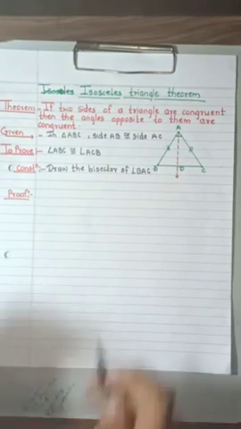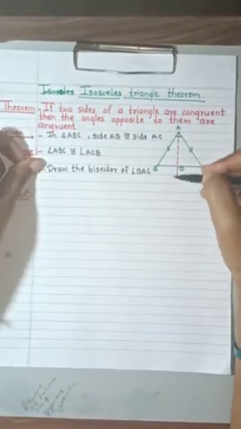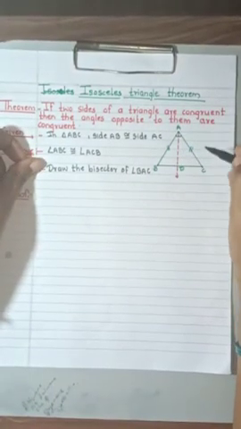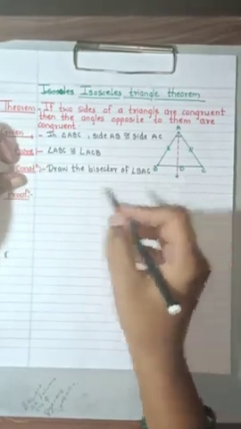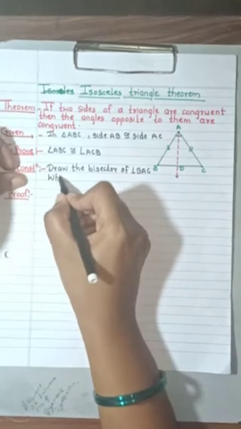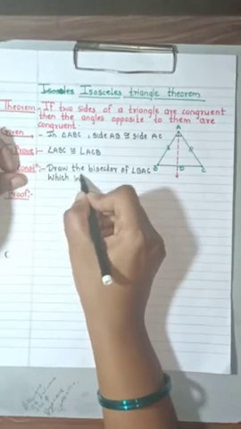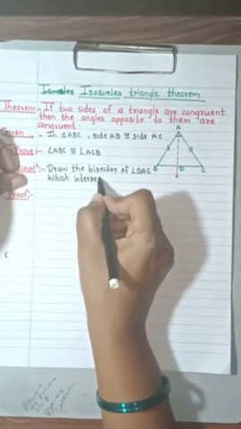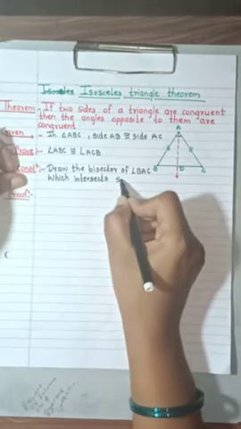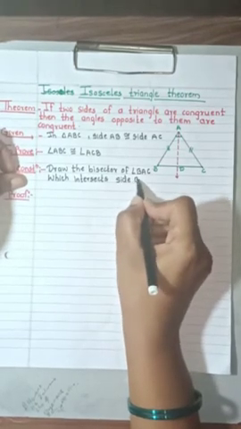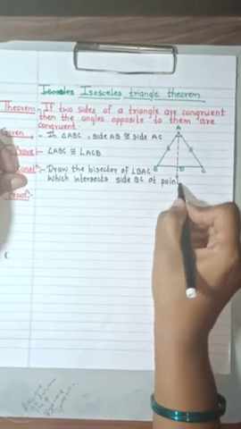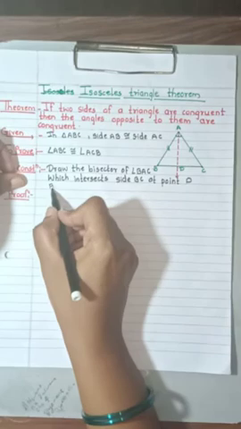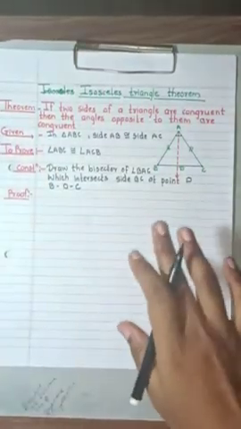We have drawn the angle bisector of angle BAC such that it intersects the segment BC at point D. I'll write down here, which intersects side BC at point D such that B-D-C. I hope it is clear till here now.